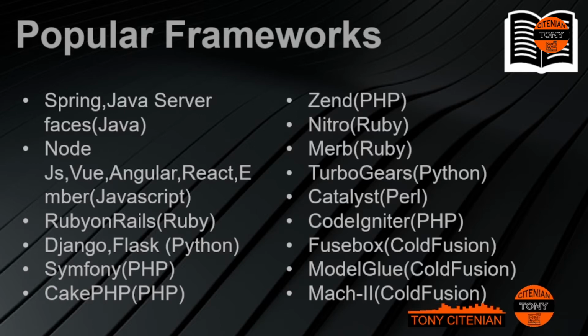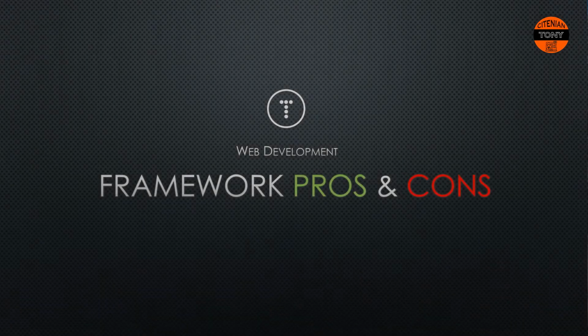Then also we have Zend, also from PHP, Nitro from Ruby, Merb from Ruby again, TurboGears from Python, Catalyst, Perl, CodeIgniter, PHP, Fusebox, ColdFusion, Model-Glue, ColdFusion, and Mach-II, ColdFusion.